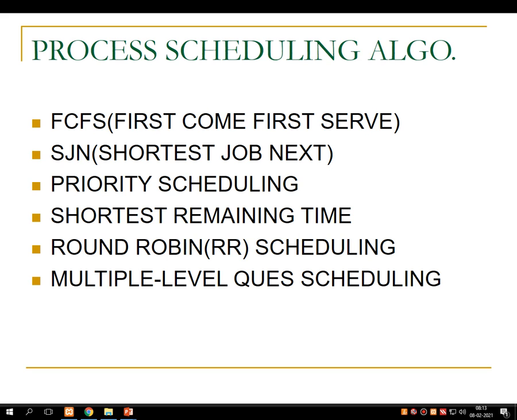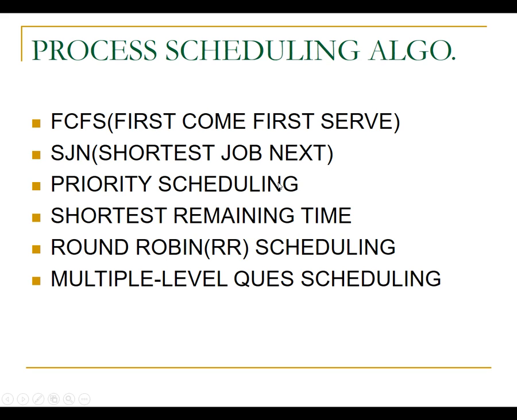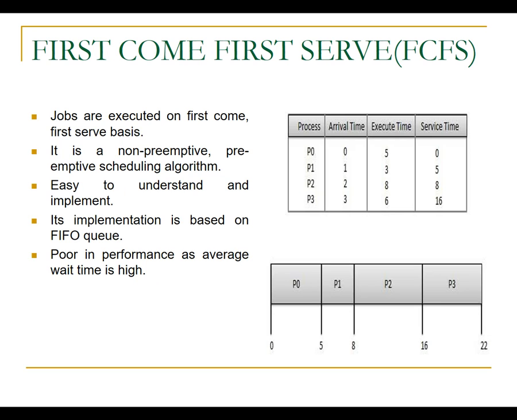So let's start with the first one, that is first come first serve. In first come first serve, first we need to clear that algorithm theoretically, then we can go ahead to the next one. As the name suggests, this algorithm is just like the concept of queue that we have discussed in data structure.